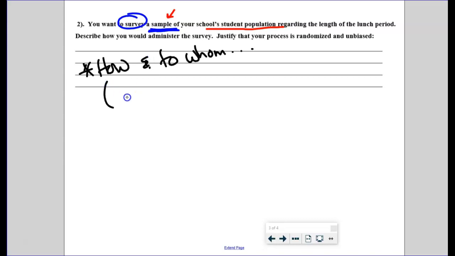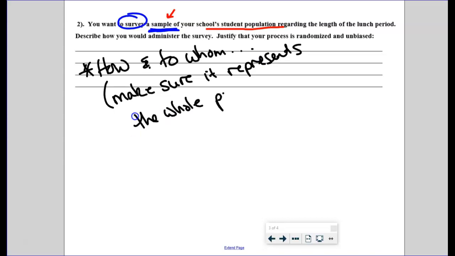You got to make sure it's representative of the population, so make sure it represents the whole population.